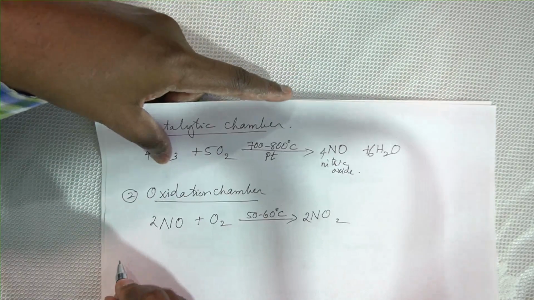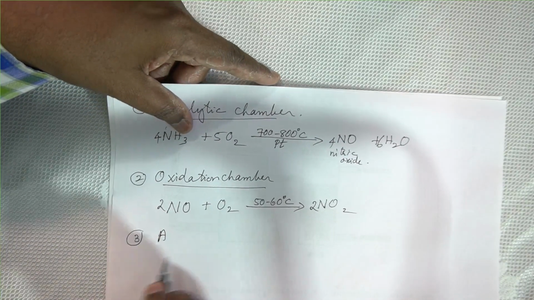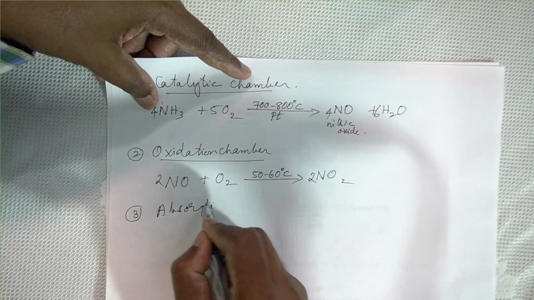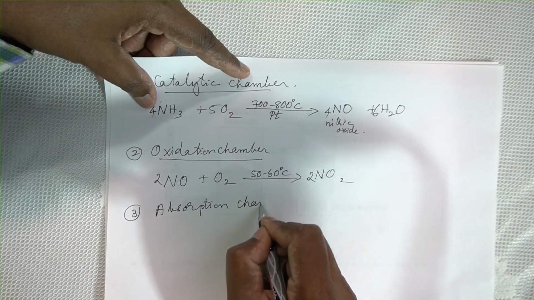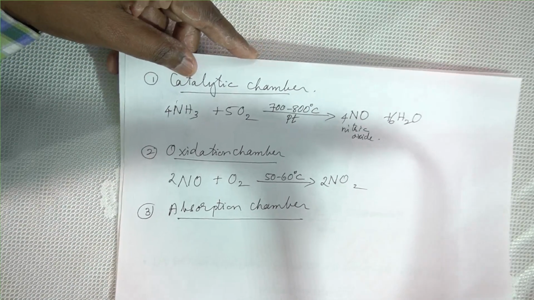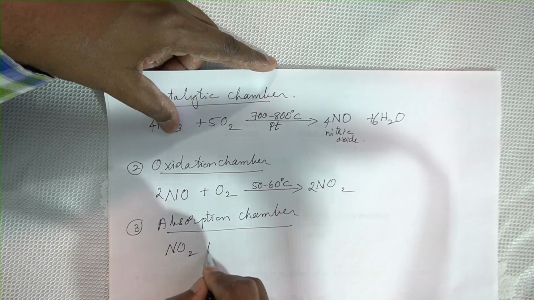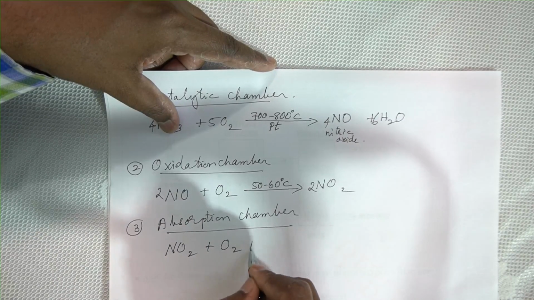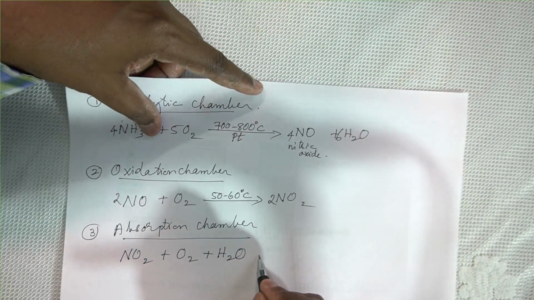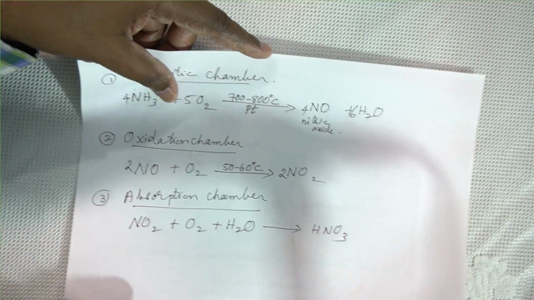Now the next is the absorption chamber. In the absorption chamber what happens? The nitrogen dioxide combines with further oxygen and water, H2O. So here we get nitric acid, HNO3 is formed.